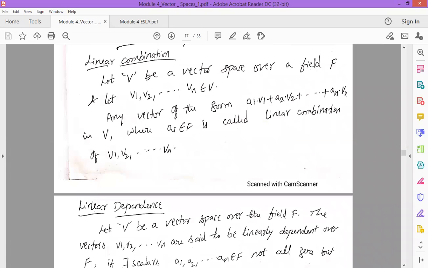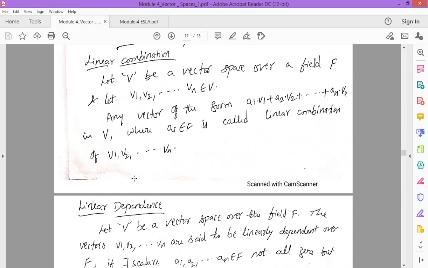When you come to the linear combination, we are going to assume V as a vector space over a field F, and also assume V1, V2, up to Vn all belong to the vector space V. Any vector of the form A1 V1 plus A2 V2 plus A3 V3 and so on up to An Vn, which is present in the vector space V, where Ai belongs to the scalar field F, is called the linear combination of V1, V2, V3 up to Vn.